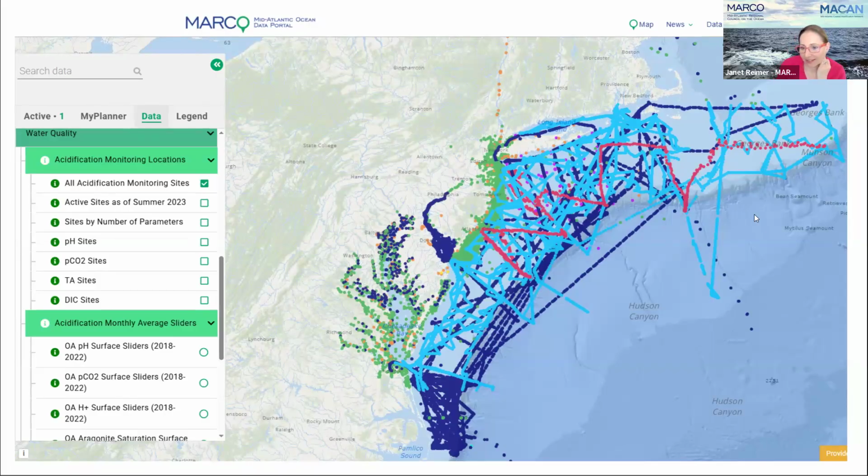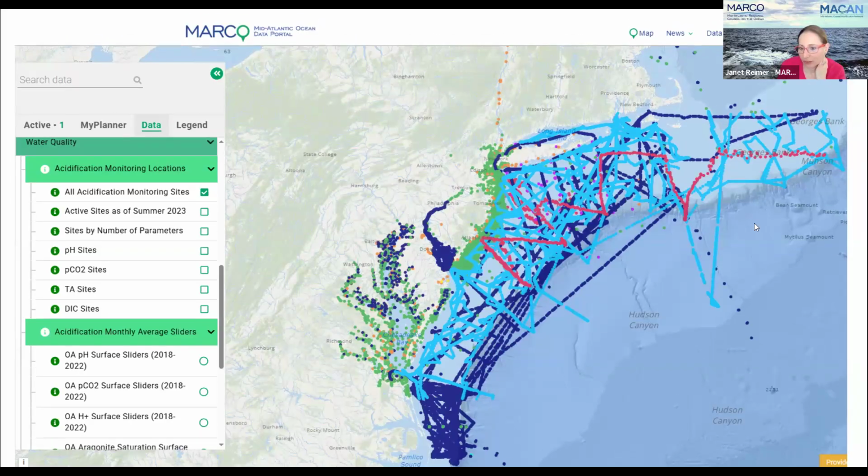We have one question that says, how do you distinguish between natural fluctuations and anthropogenic driven changes? There are some statistical methods that we can use to tease that out. We can look at proxies going back. So we have CO2 information for the atmosphere going back to the most recent ice age.